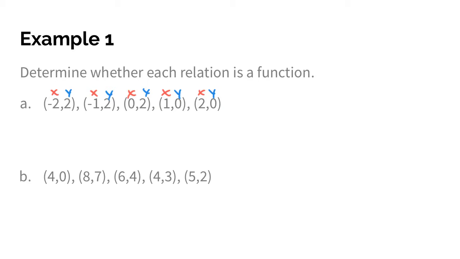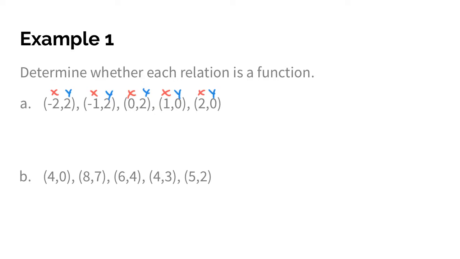So what I want to know is, is this relation a function? What I've got to look for is whether each input is paired with exactly one output. You'll notice here that -2 is paired with 2. We see that -1 is paired with 2, 0 is paired with 2, 1 is paired with 0, and 2 is paired with 0.